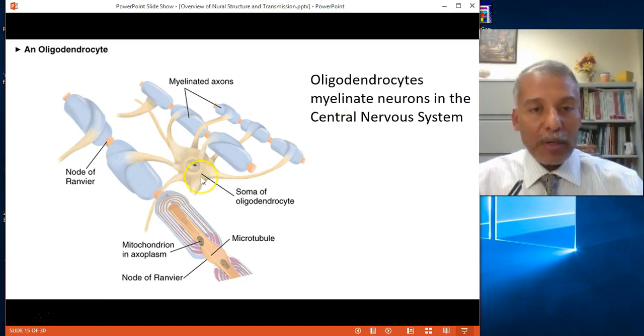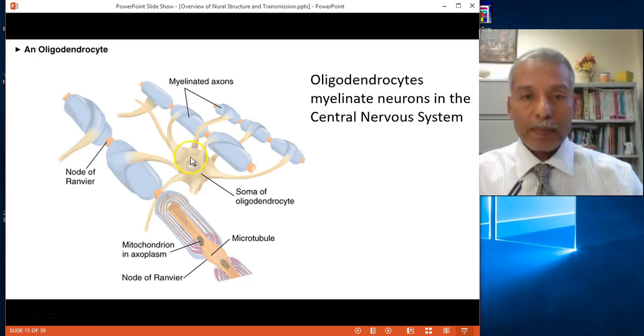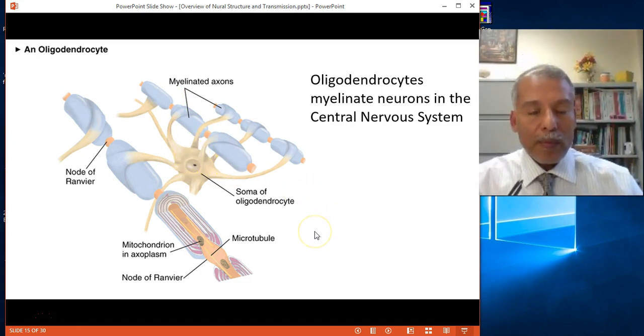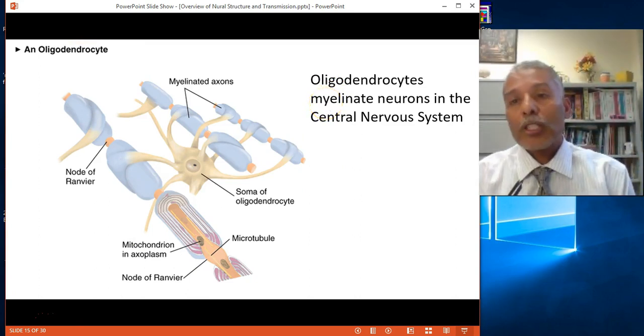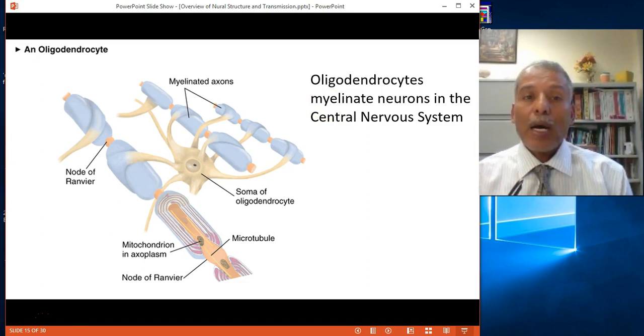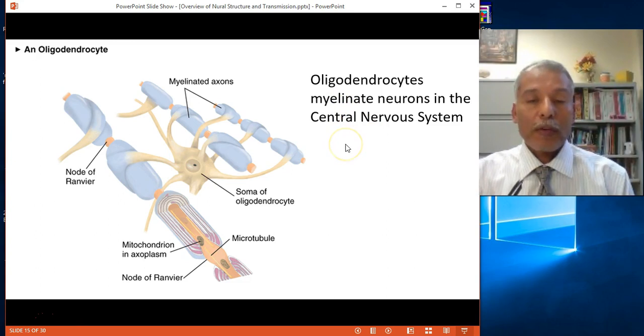You could see it now here, an oligodendrocyte, and you can see how it myelinates multiple segments of one single neuron, and multiple neurons at the same time. So again, know the difference between the two in terms of where oligodendrocytes myelinate and where Schwann cells myelinate, what kind of parts of the nervous system they myelinate.